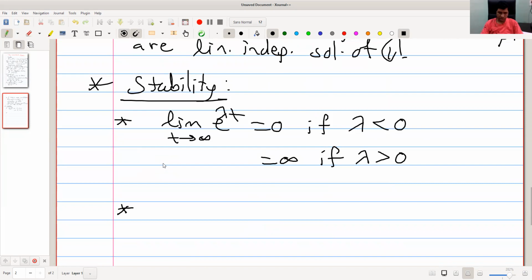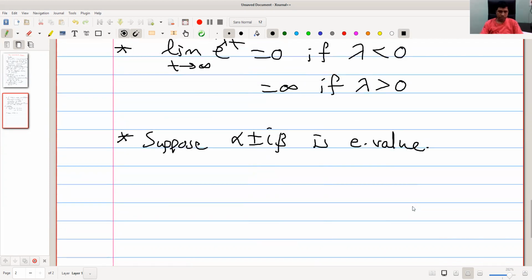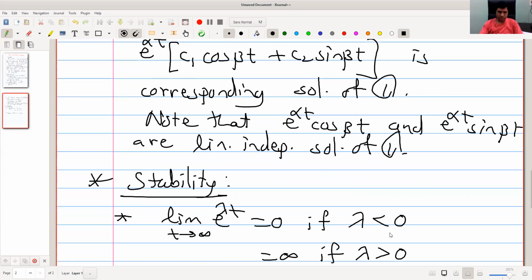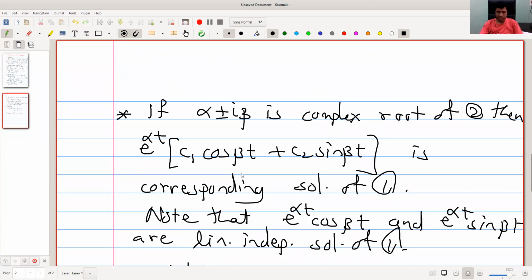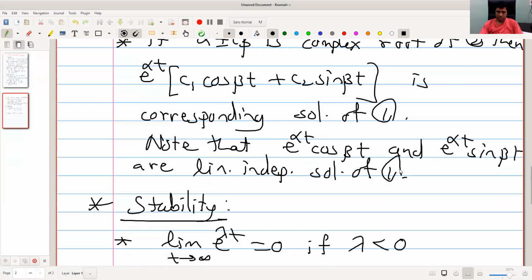So suppose alpha plus minus i beta is an eigenvalue. So what happens to the solution as t tends to infinity? This is the solution.